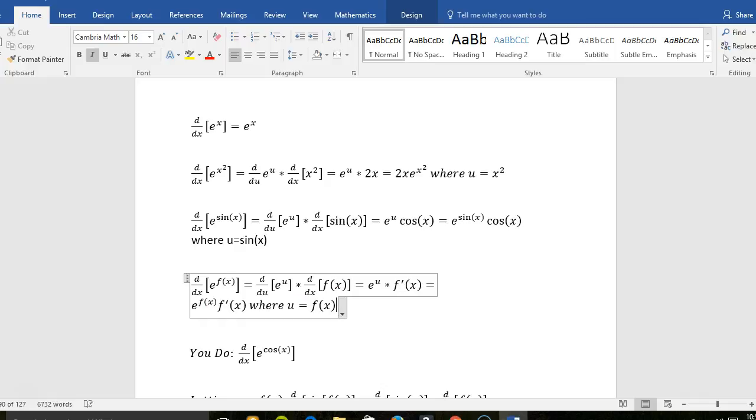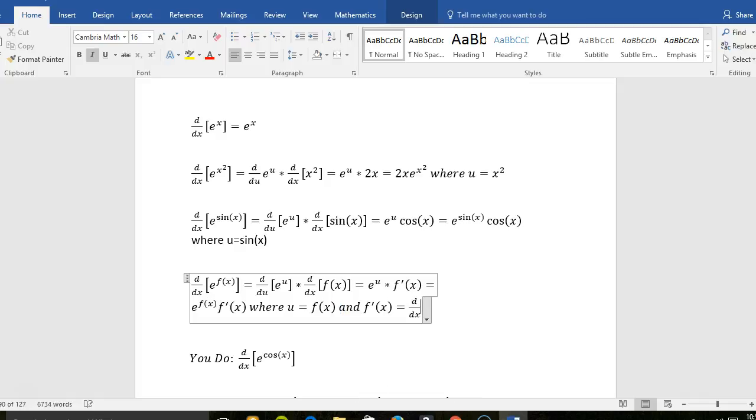Now, some professors are real funny about f prime of x. I knew one professor who was notoriously picky about it. He was fine with it, but he demanded that you specify exactly where it comes from. And you probably should do that. It is good manners, I'll admit. You do need to specify f prime is d by dx of f of x. Later on, f prime could be ambiguous.